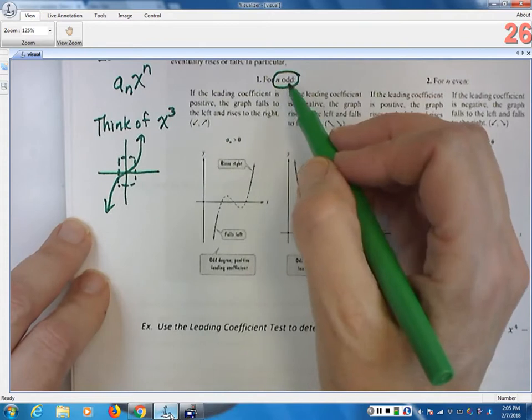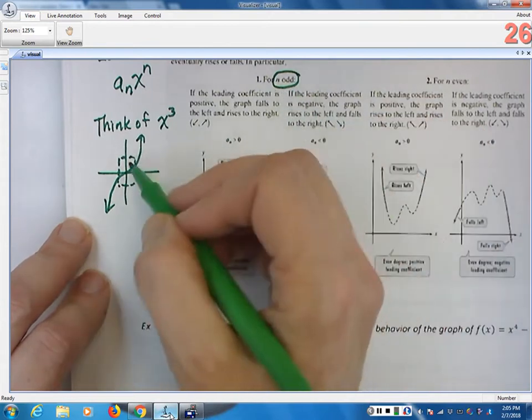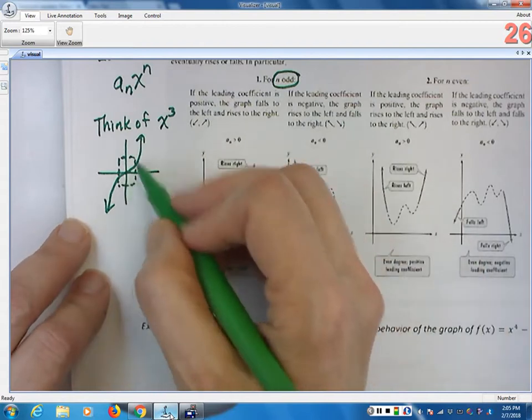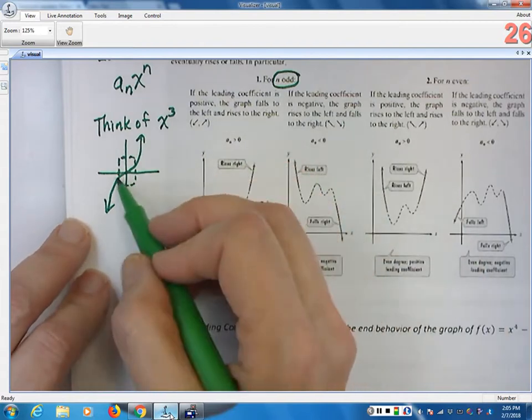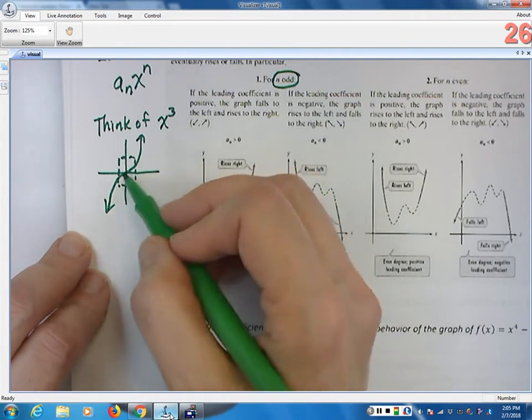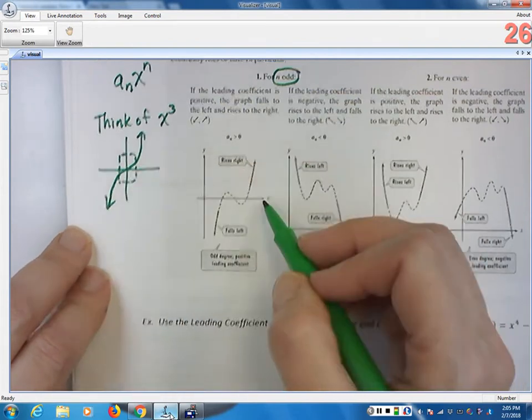If n is odd and a sub n is greater than 0, that's this picture. We don't know what happens in the middle, but past the last 0 on the left it's going to fall, and past the last 0 on the right it's going to rise.